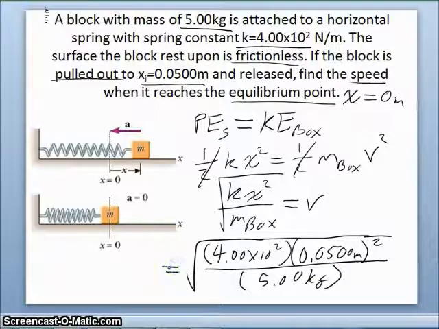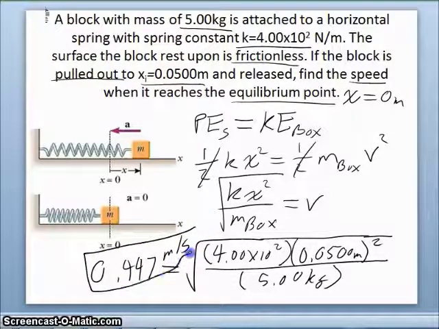And we solve for that, and we find that our velocity is equal to 0.447 meters per second. Okay, so that's how we can use springs and spring constants and kinetic energy and elastic potential energy to solve problems.